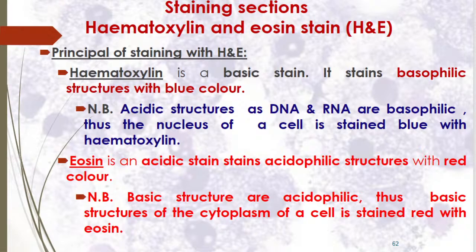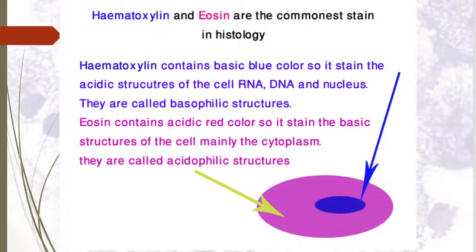How do we need to remember? We need to remember that nuclei are ordinarily basophilic, a word used for description of microscopic slides, and the cytoplasm is ordinarily oxyphilic or acidophilic, which is used for description of organelles and cytoplasm.